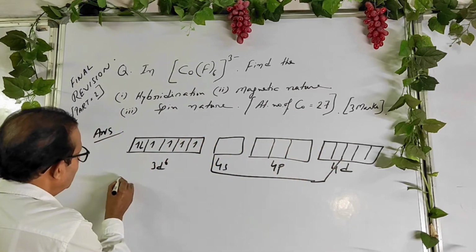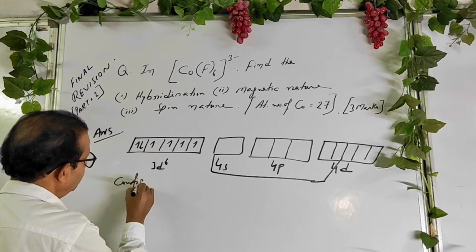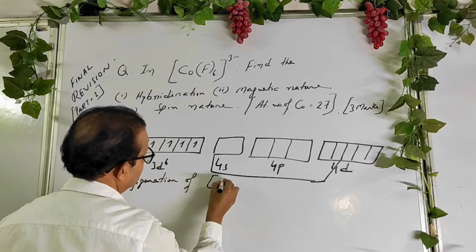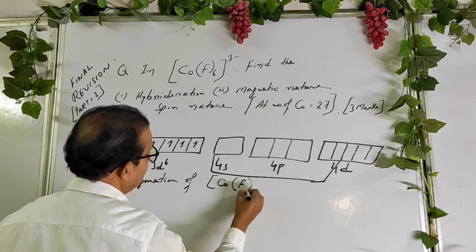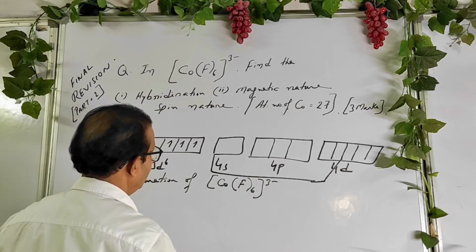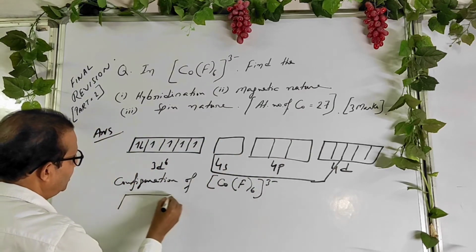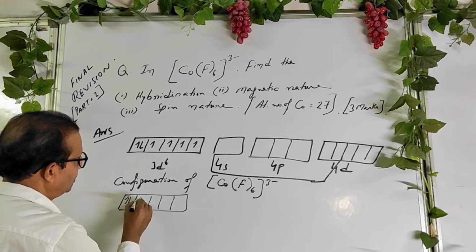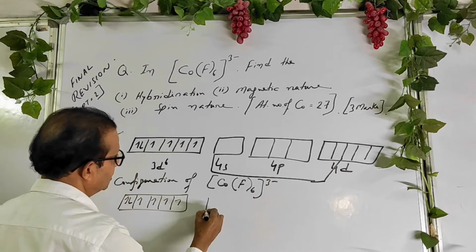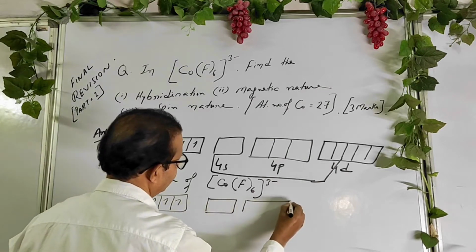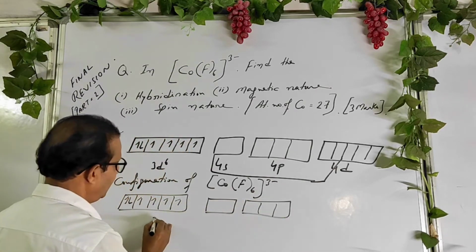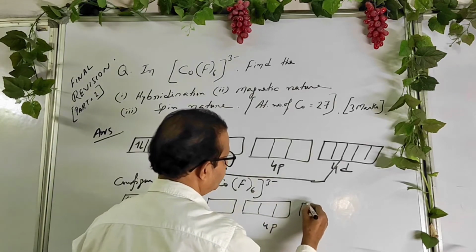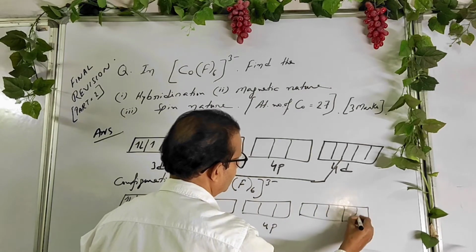So the configuration of this [CoF6]3-. Just draw again the same way. 3d, 4s, 4p, 4d.